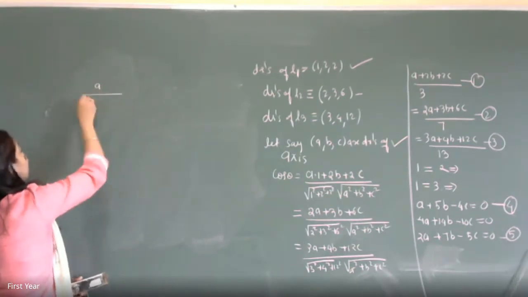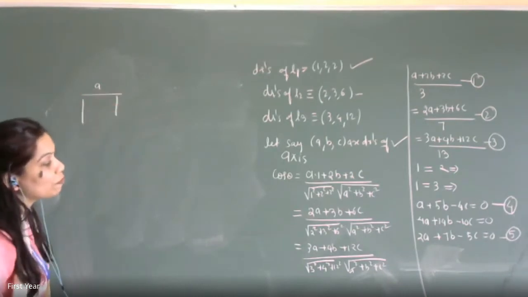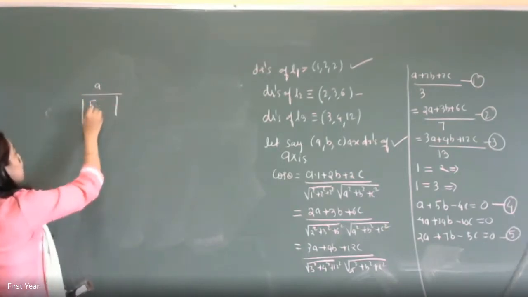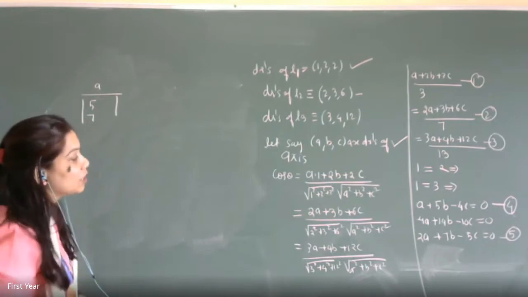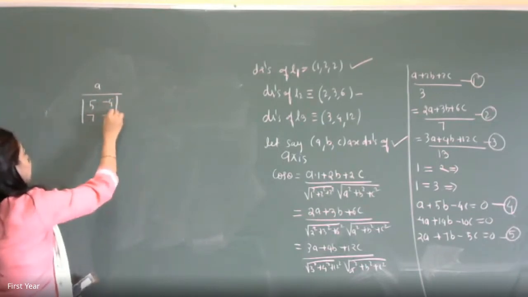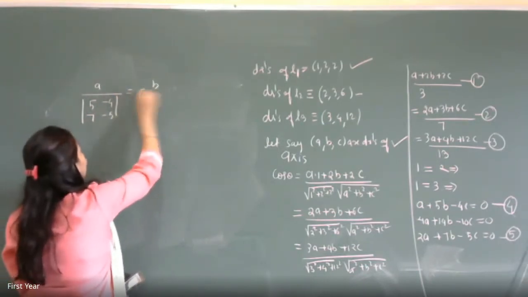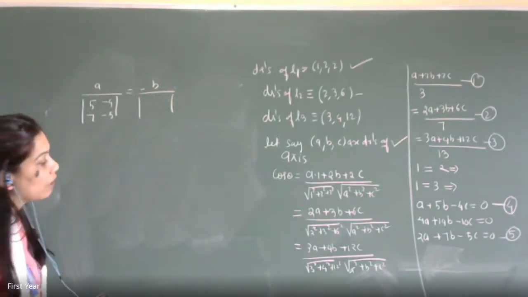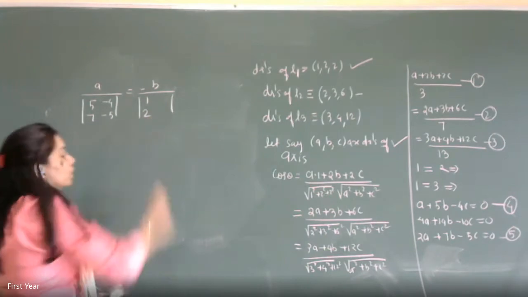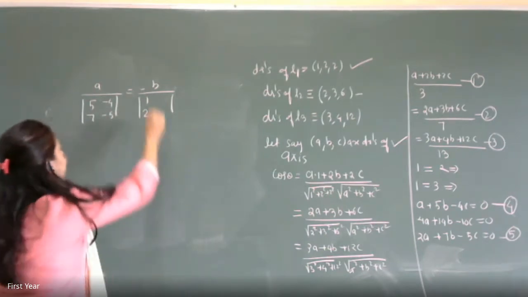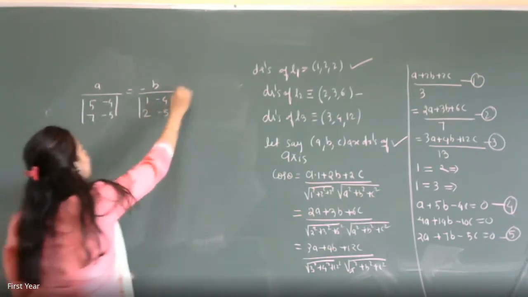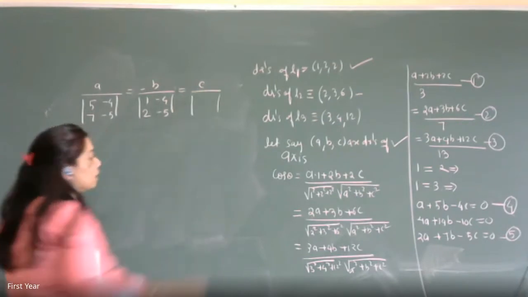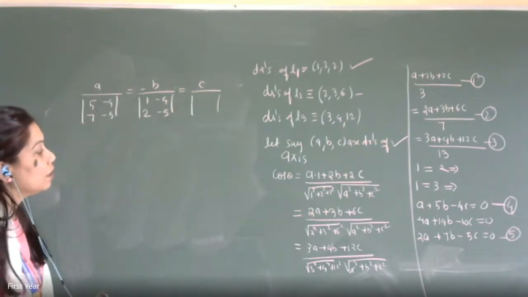A upon the coefficients of B and C, that is 5, 7, minus 4 and minus 5. Minus B upon, close the values of B, so it is 1, 2 and minus 4, minus 5. And then C divided by 1, 2 and 5, 7.